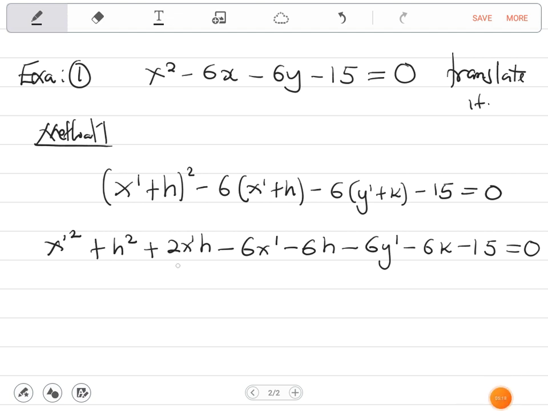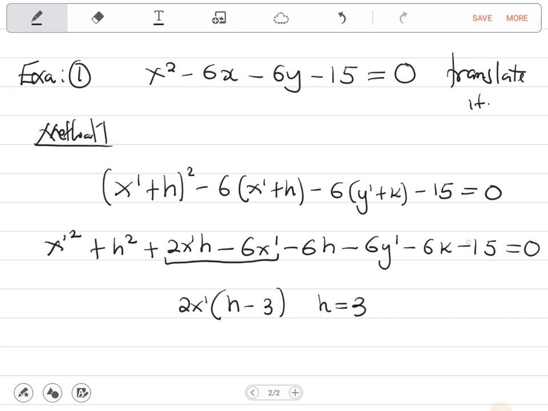So when you look at these two here, of course there's no k here which I can manipulate to give me something, but I can start with x prime. You've seen, right? I can take out 2x prime from here, right? So if I take out 2x prime, I'll have h minus 3. I'll set this one to 0, so my h is equal to 3.